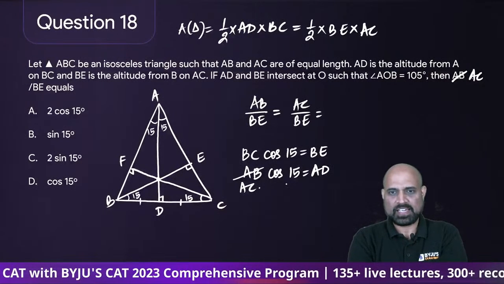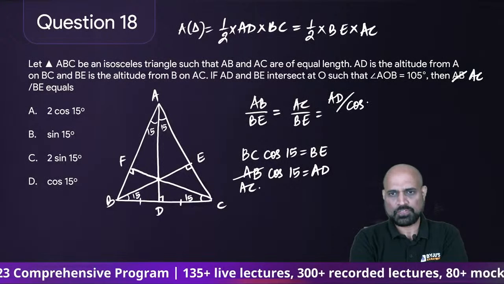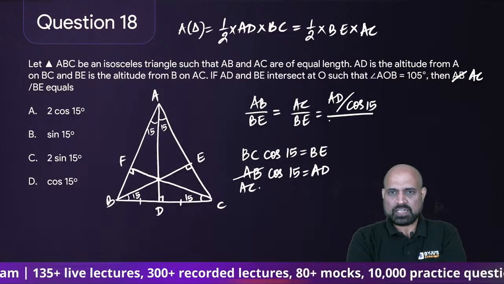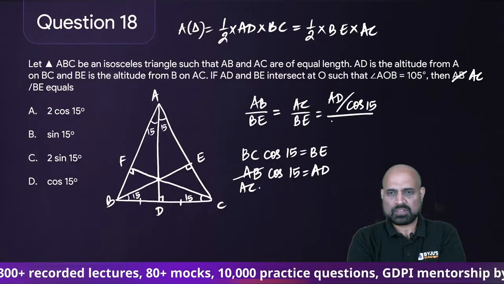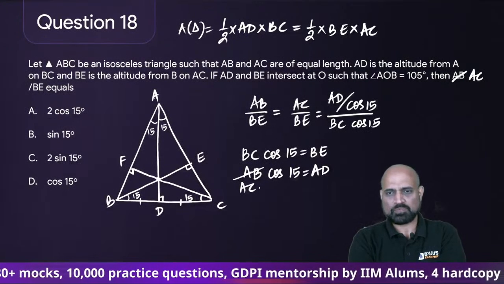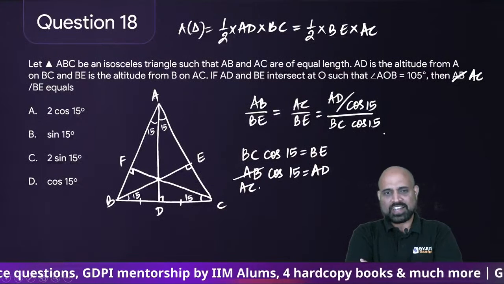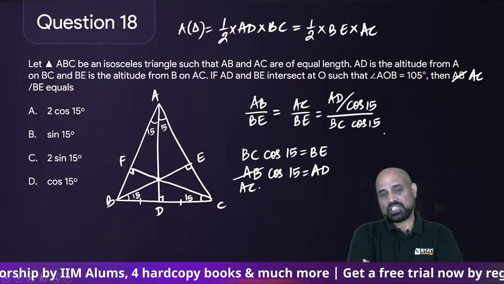So can we write AC as AD by cos 15 and BE as BC cos 15, but it will not match with the options. And further, AD by BC is something that we are not aware of, even though we know the angles.